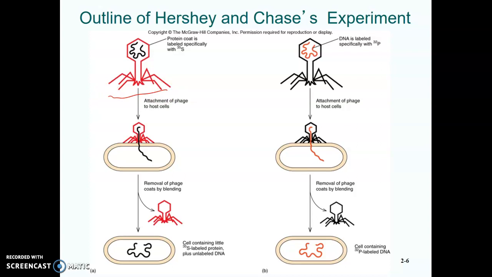What they did was they took one bacteriophage and radioactively labeled the protein in it, and then they took another bacteriophage and radioactively labeled the DNA in it, allowed them to infect a bacterium and replicate using the bacterium's cellular metabolism, upon which they discovered that the only one that ended up being radioactive was the one with the DNA. And so that proved that DNA was the genetic material, not proteins.